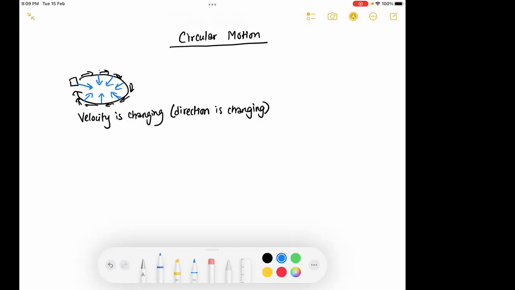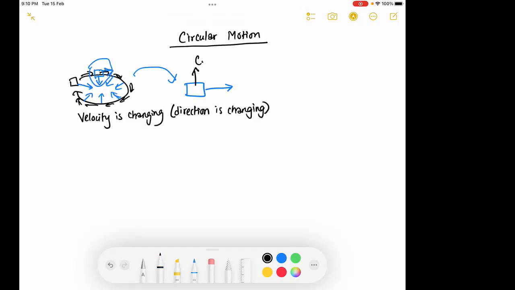So let's say if we look at the object right here, let's say that it is moving in this direction, which is this one. I'm just showing this part right here. The force that is directed towards the center of the circle is actually acting perpendicular to the direction of the velocity.